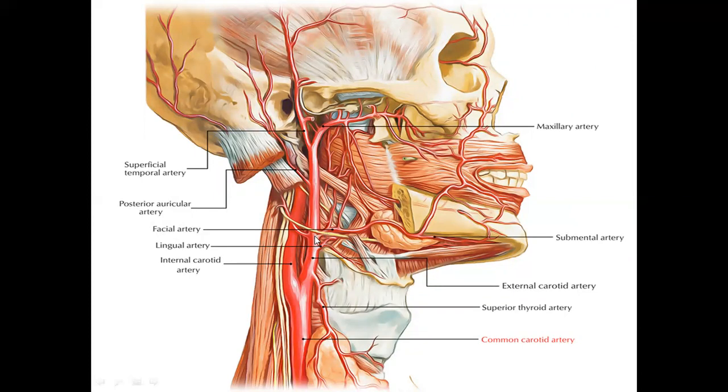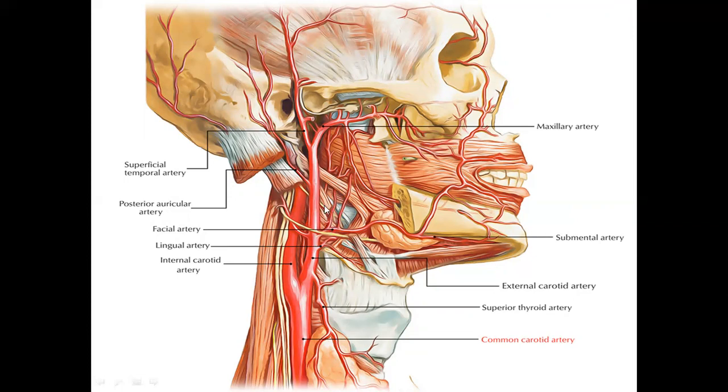It comes out anteriorly from the external carotid, and it gives three cervical branches. This is the ascending palatine artery, which runs over the superior constrictor and supplies the soft palate. It also gives the tonsillar branch.